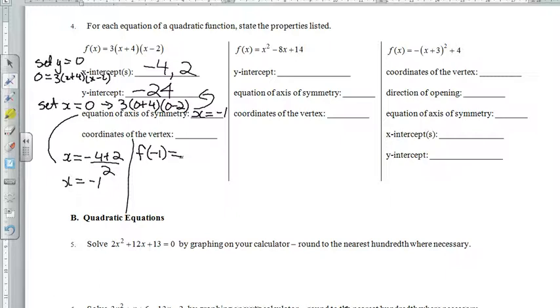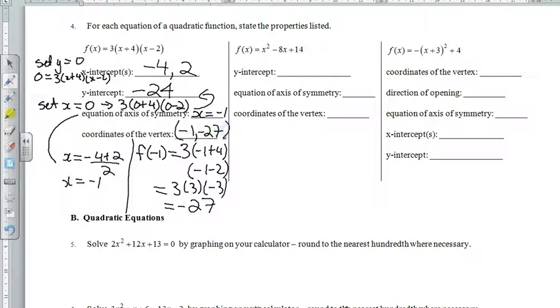Because negative 1 is the x coordinate of the vertex, and if I stick that in, I'll get the y coordinate of the vertex. So that's 3... which is negative 1, negative 27.